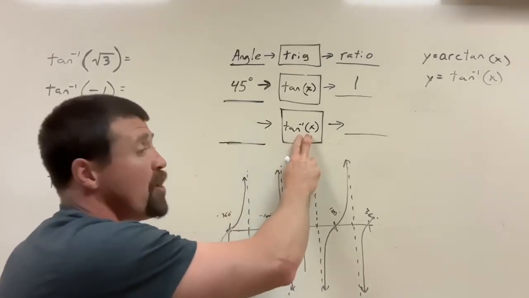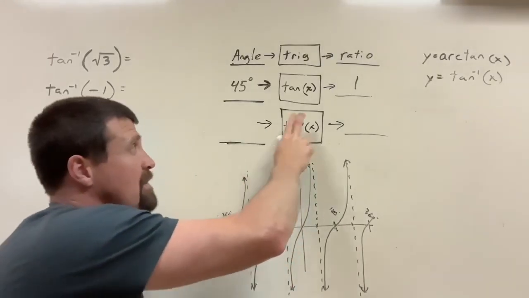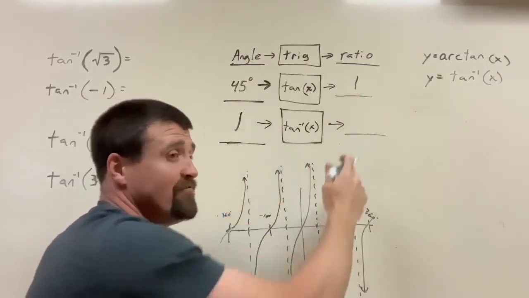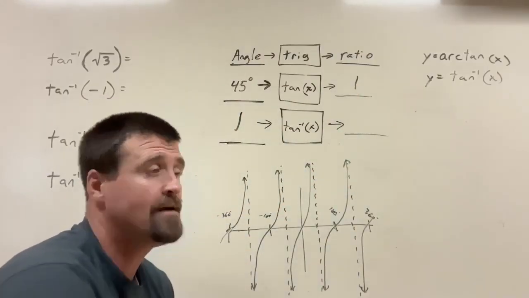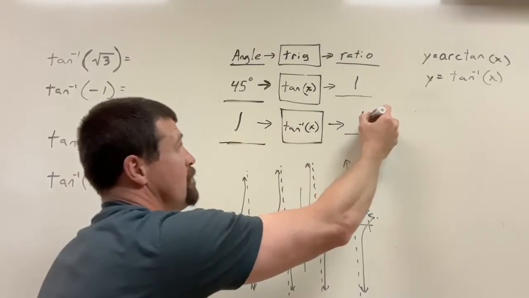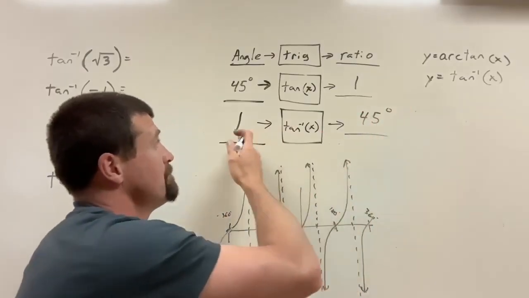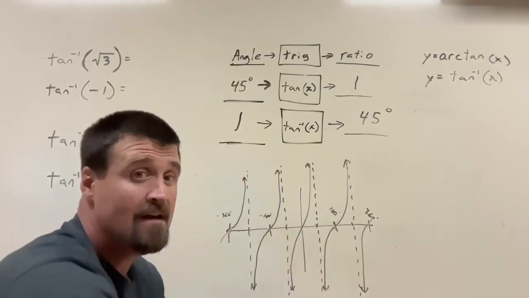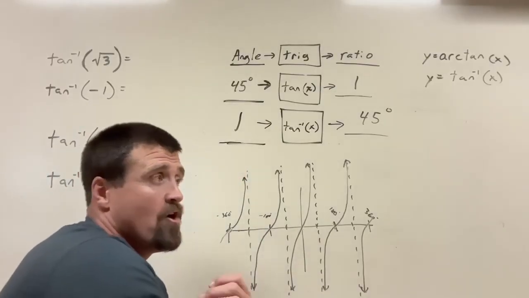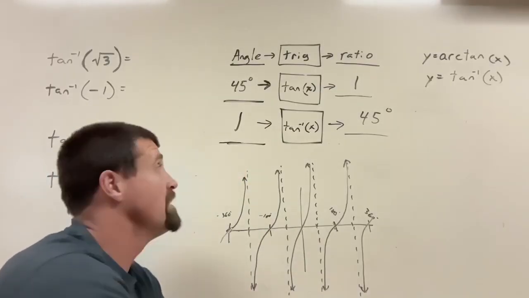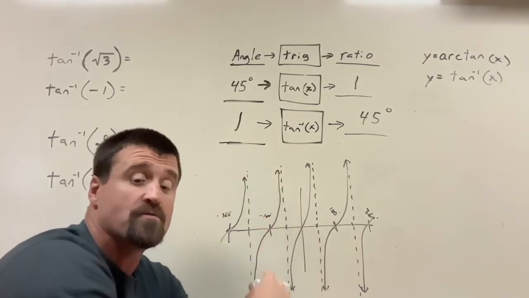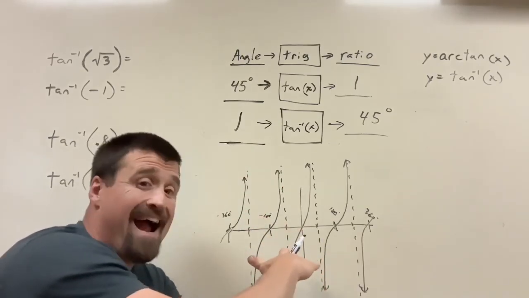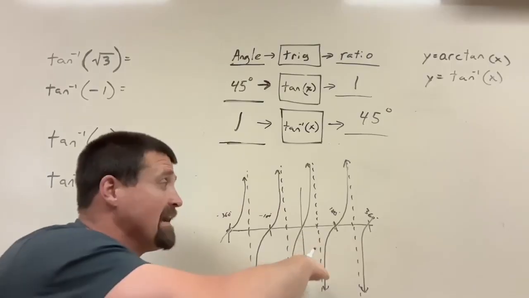So what are we going to do with arctangent? I would expect to be able to plug in a 1 and get out a 45. Now, how do we get to this point? First, let's talk about what this can be. For arcsine and arccosine, we can only plug in ratios between -1 and 1, because those functions are bound by -1 and 1.